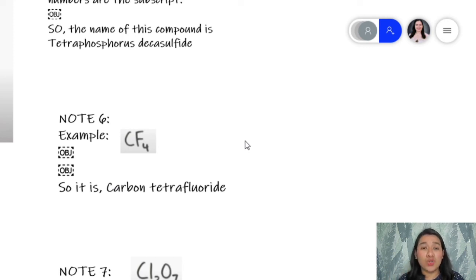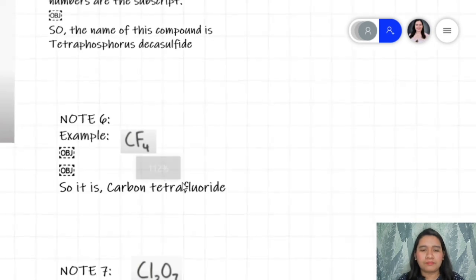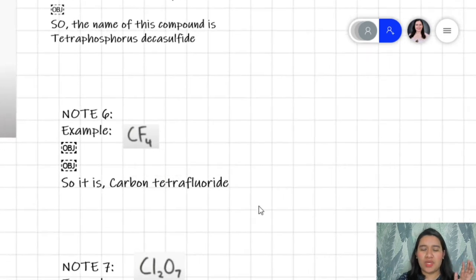We will not use mono since we have only one carbon here. But if it has a C2, we will use the prefix di. If it has a C3, we will use the prefix tri. So we will not use mono on the first element. That is the rule. I hope that is clear to everyone.